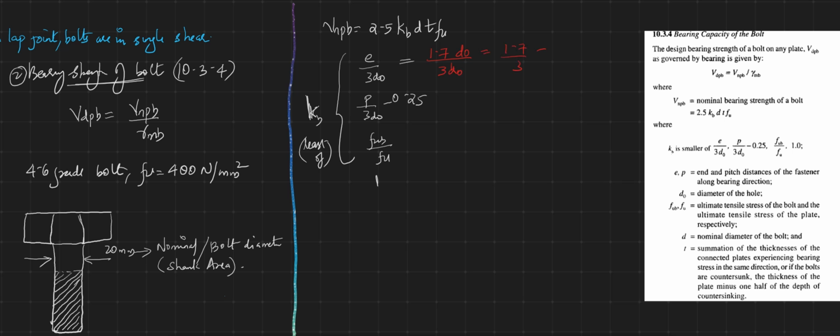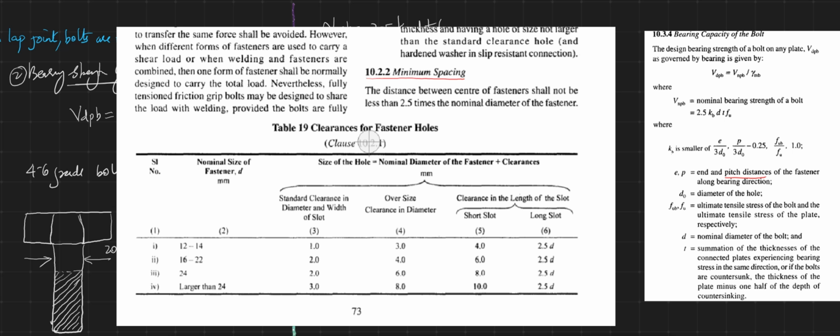So e by 3d0 is 1.7 d naught by 3 d naught. 1.7 by 3, you'll get this value as 0.56. Now kb is also the least value of p by 3d0 minus 0.25, where p is the pitch distance. In IS 800:2007, clause number 10.2.2, the distance between the centers of fasteners, that is, the pitch, shall not be less than 2.5 times the nominal diameter of the fastener.